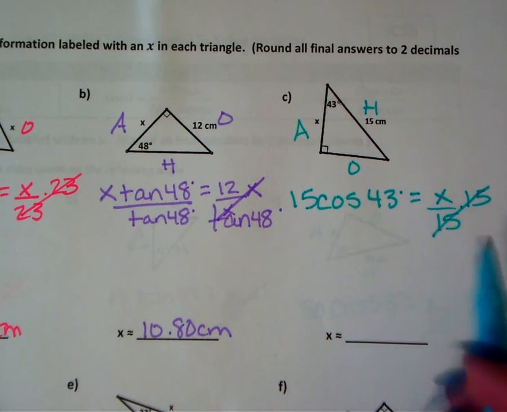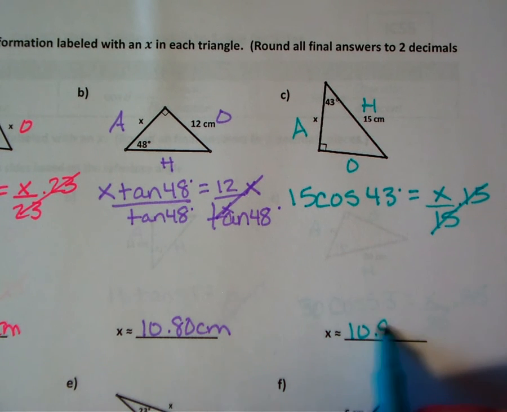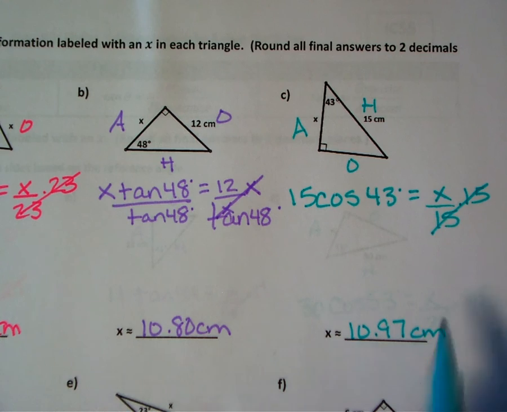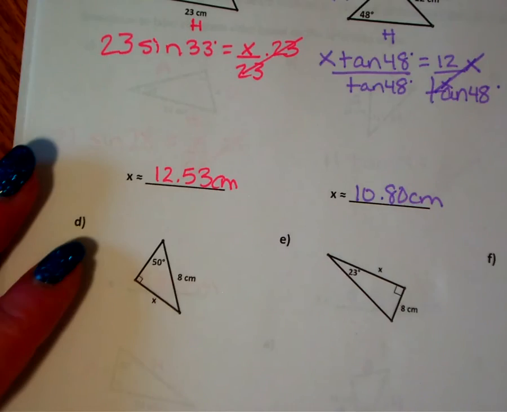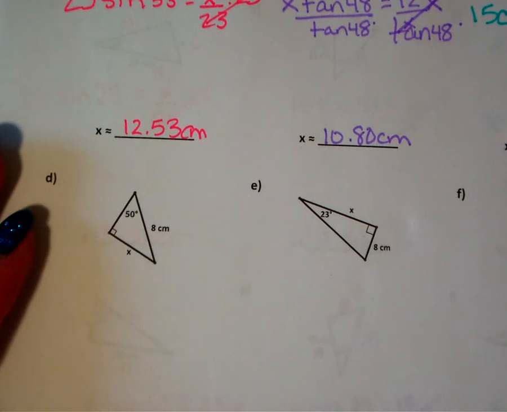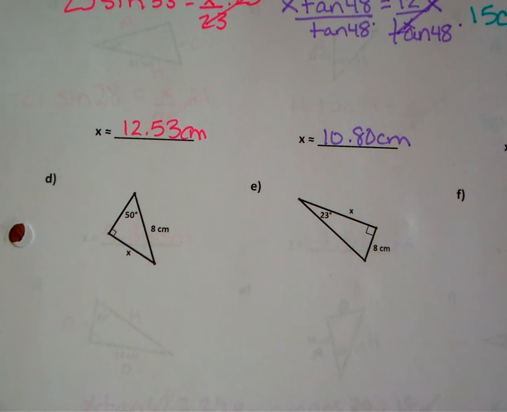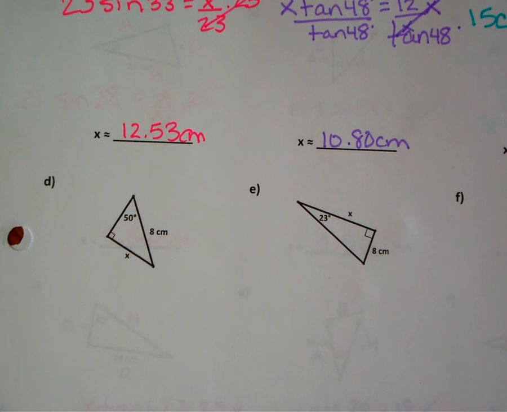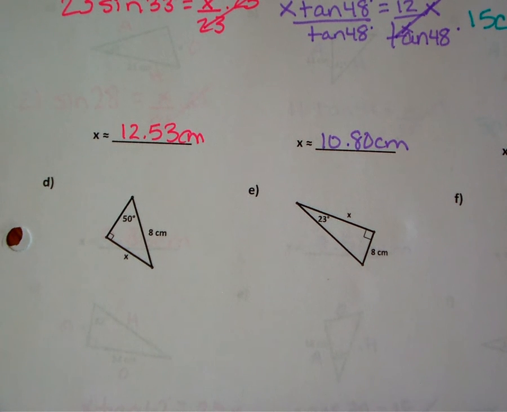Throwing that in my calculator, I then can get 10.97 centimeters. Okay. And again, if you weren't sure yet, hopefully now, by this point, you're ready to try those last three. And I will zoom out and give all the answers at one time once we wrap this up.